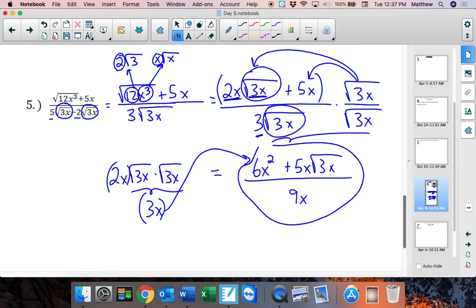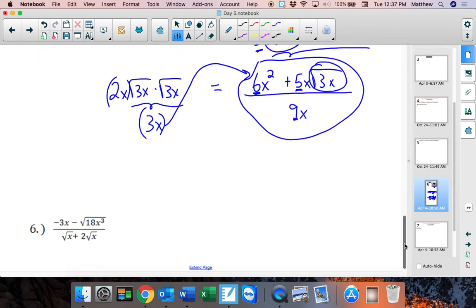And I know that because this radical is simplified. And if I look at my coefficients, 6, 5, and 9, they don't share a common factor. Now, as I look at this, I also notice that my coefficient has an x squared here, an x here, and an x here, so I can simplify the variable.